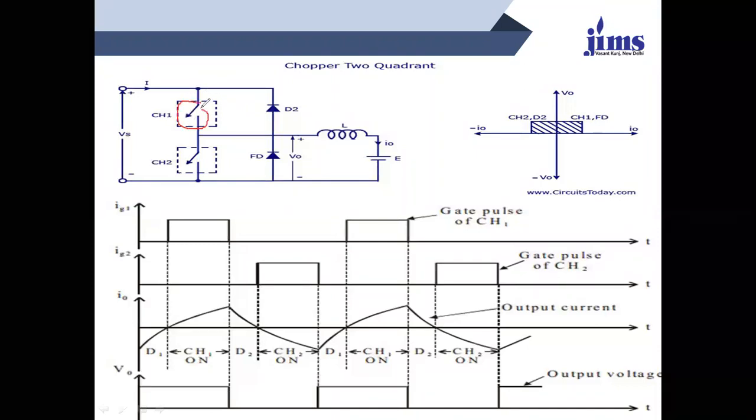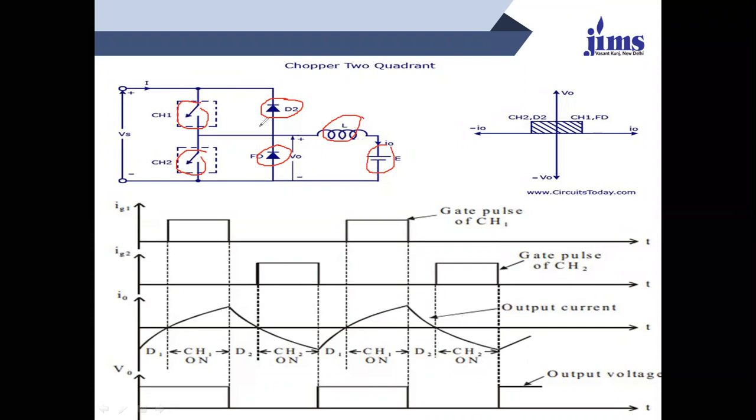This is chopper one, this is chopper two, or we can say switch one and switch two. These are the diodes, diode two, and the freewheeling diode indicated as diode one. This is the load inductance. This is the battery connected over here.